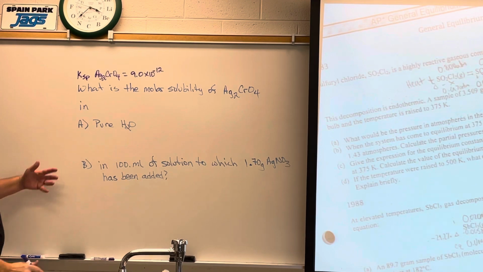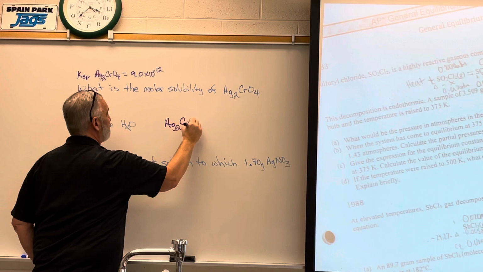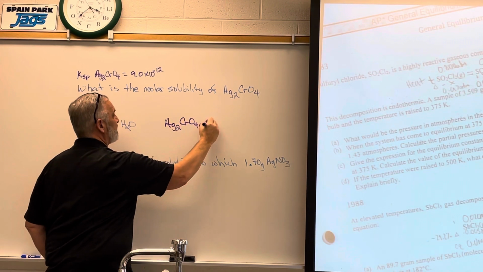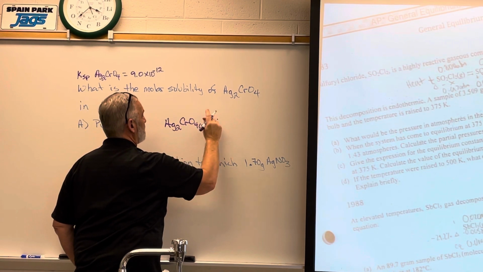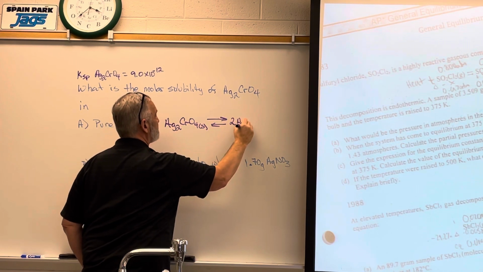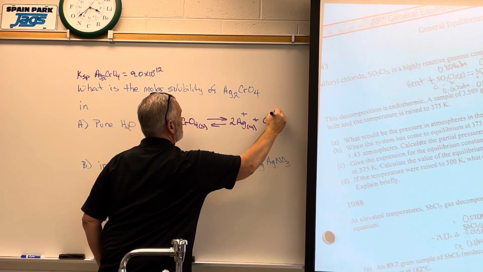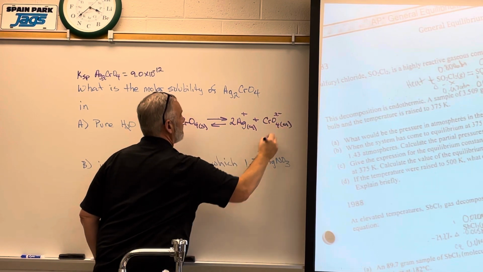So I know that in pure water, Ag2CrO4 solid goes to 2Ag+ plus CrO4 2-. Right?